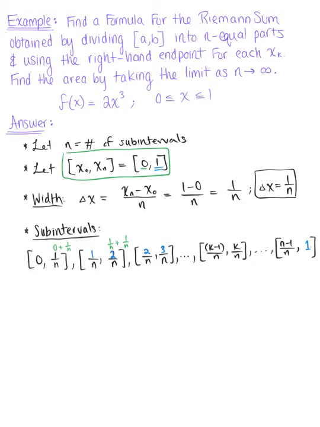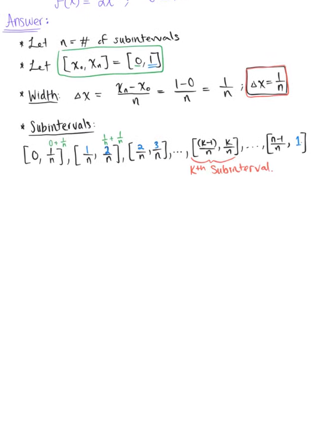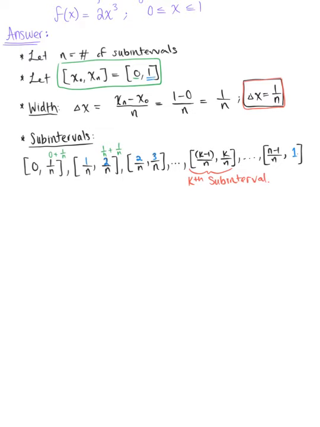And so again, the most important subinterval here is our kth subinterval. We're now going to use this to verify our width and to find the height. So we are going to use the kth subinterval to find the width and height.